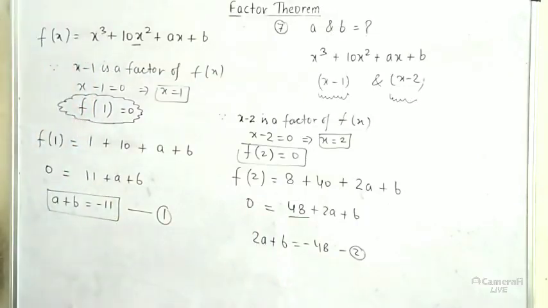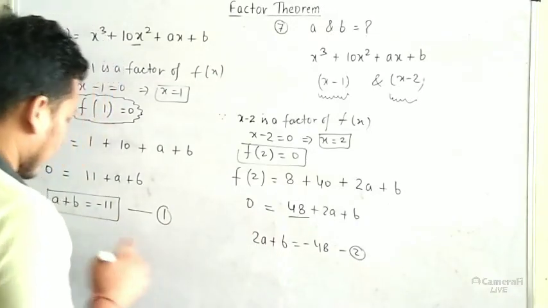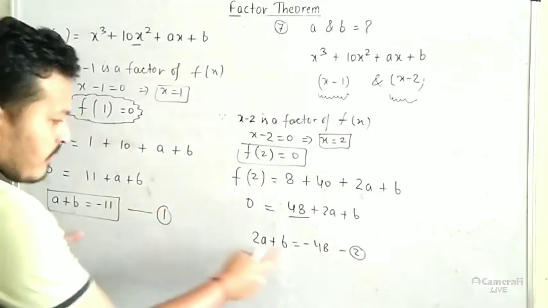On solving these two simultaneous linear equations we can calculate our answer. On solving equation number first and second, subtract them, because b and b are the same variable.